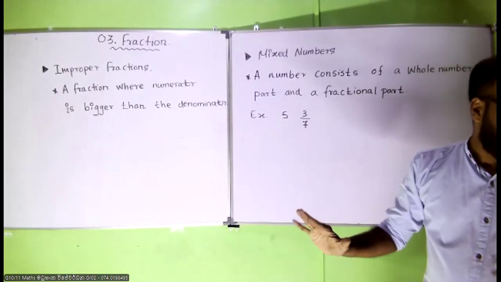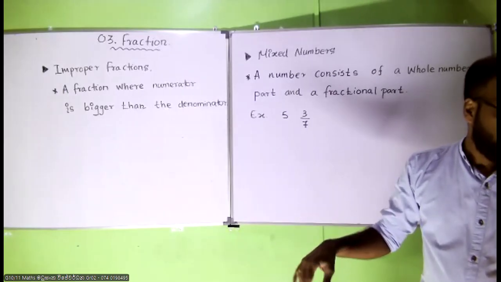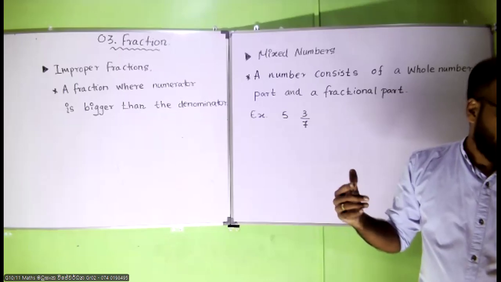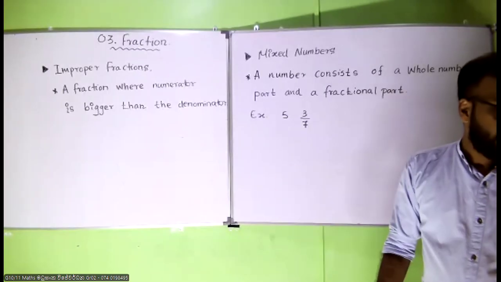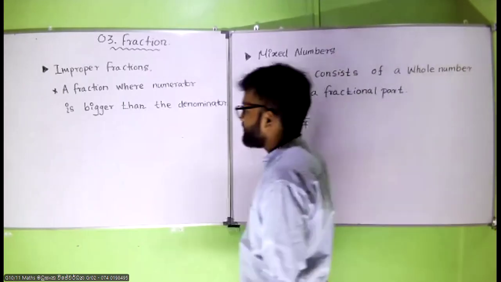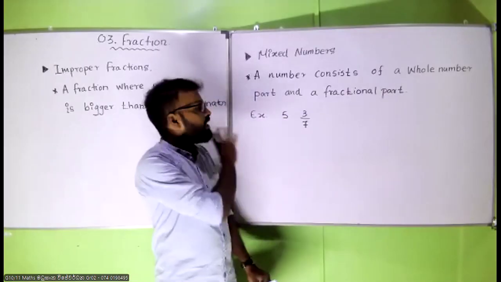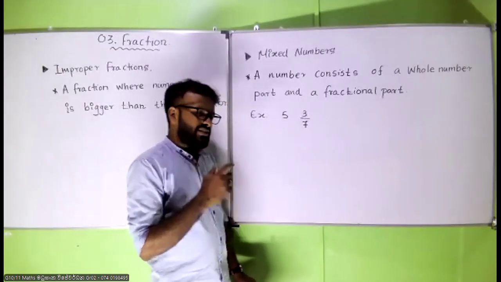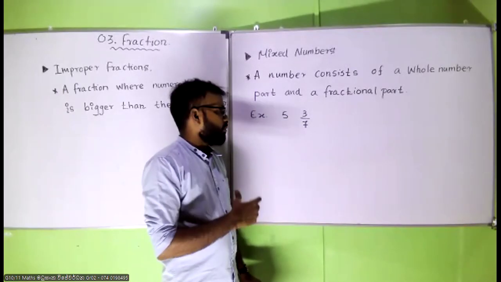I am getting different answers, but I am not going to tell which one is correct. Okay, right. I am receiving different answers. Normally, when we are reading a mixed number, some say 5 times 3/7.